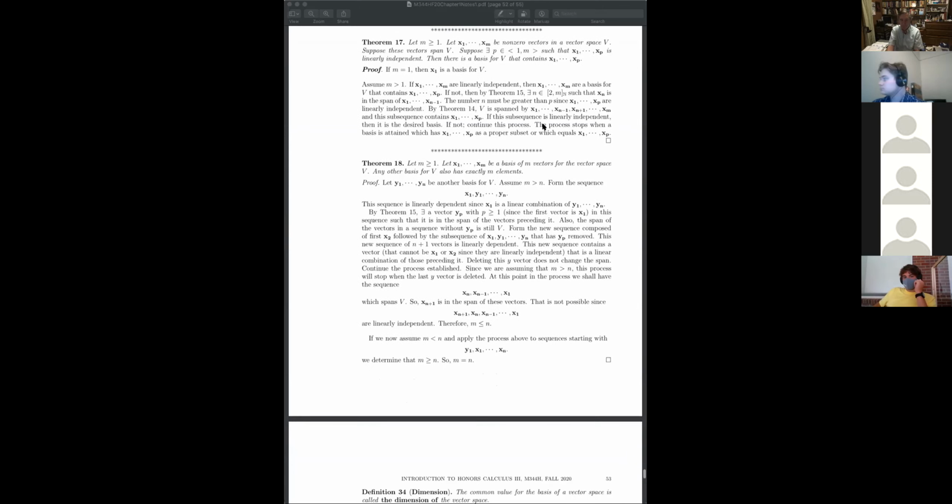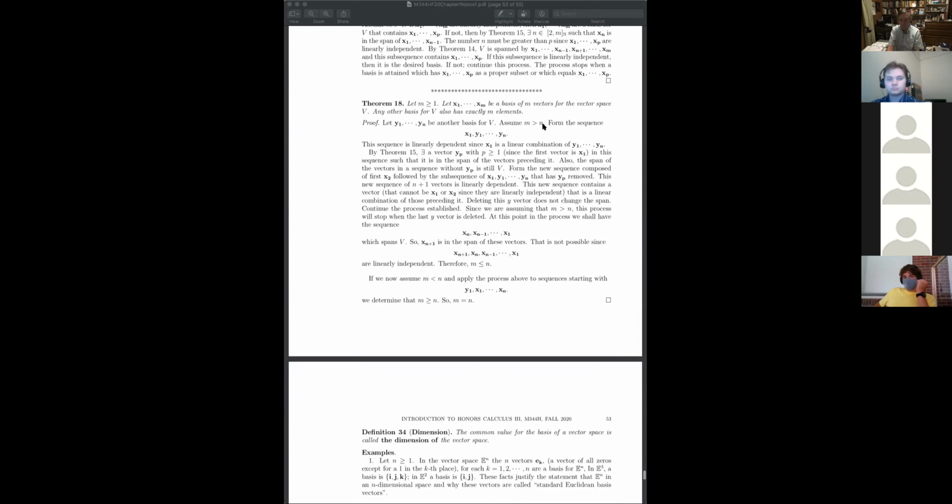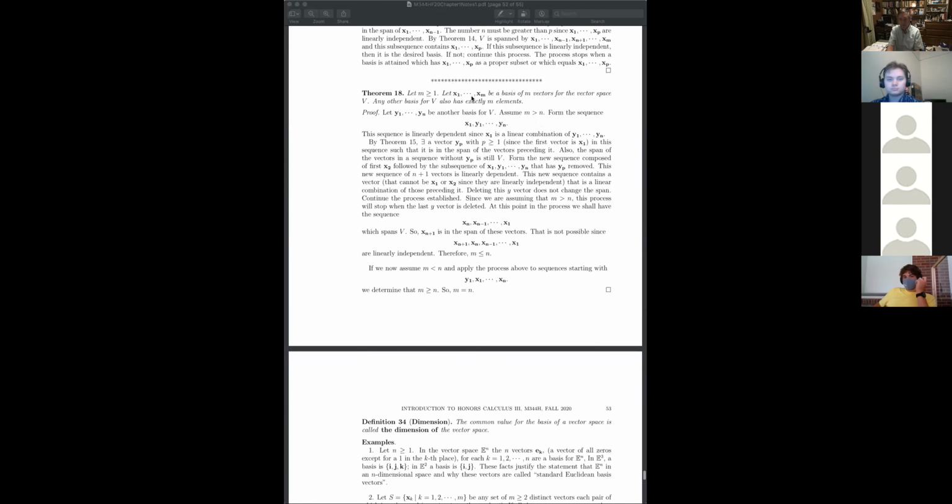That's what theorem 17 says. Theorem 18 says, if I have a basis of 20 elements for the vector space V, any other basis has exactly 20 elements. So if you can find a basis, any other basis will have the same number of elements.